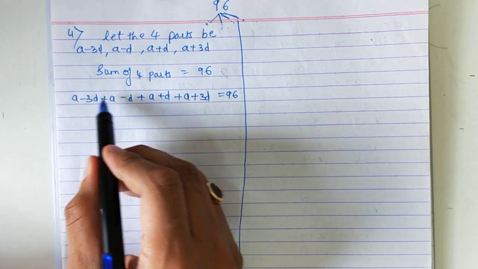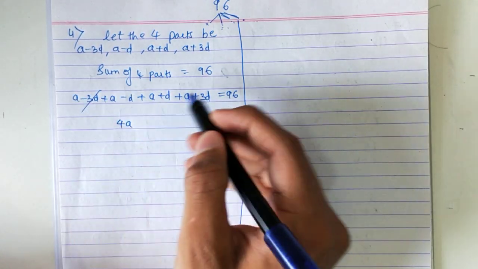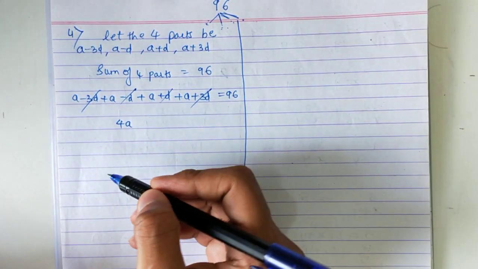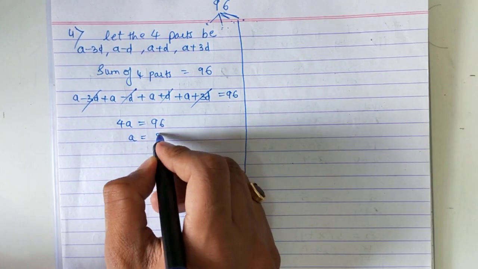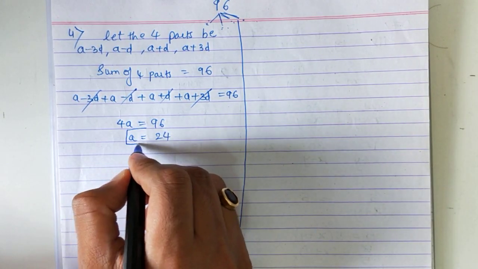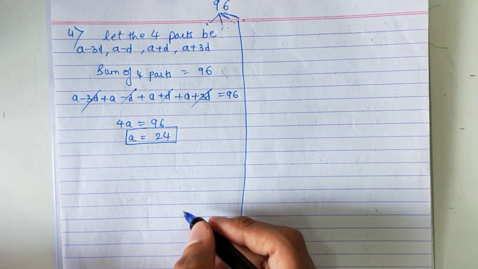So A plus A plus A plus A will give me 4A, minus 3D plus 3D minus D plus D will get cancelled. So 4A is equal to 96. Therefore A is 24. Okay, A is 24.